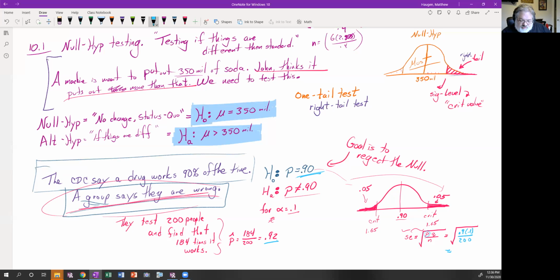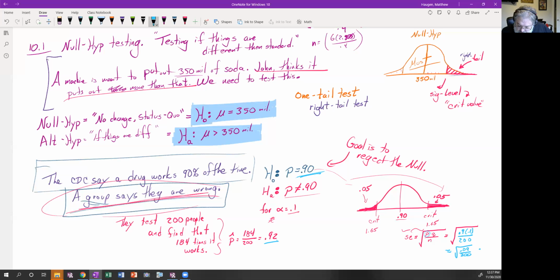So that's the square root of 0.09 out of 200, which is, oh, I'm just going to calculate that.